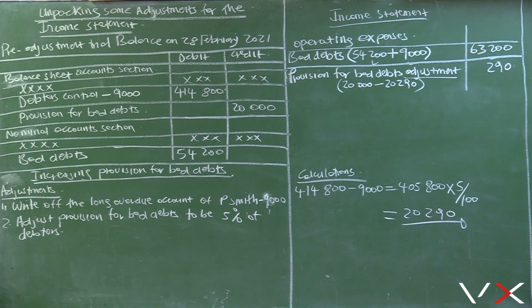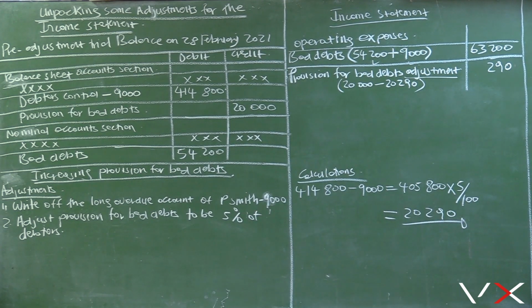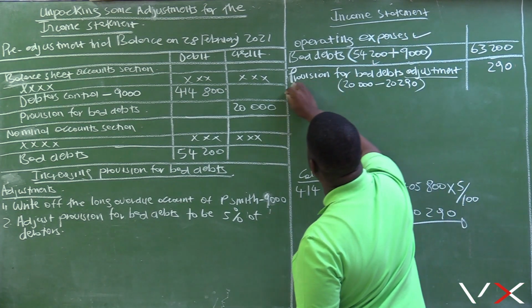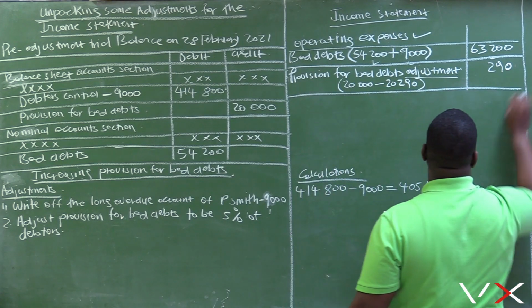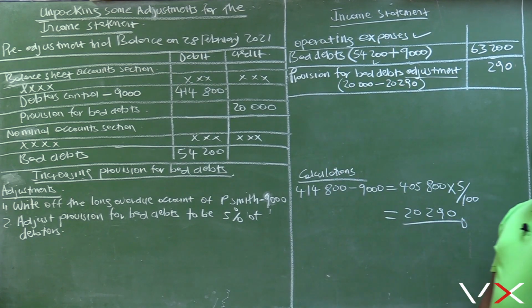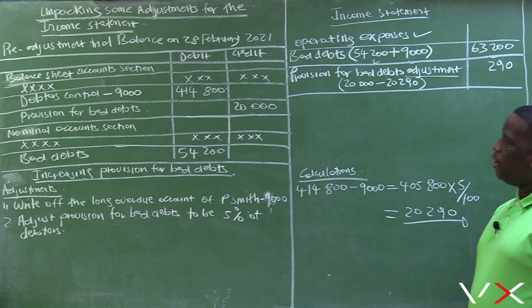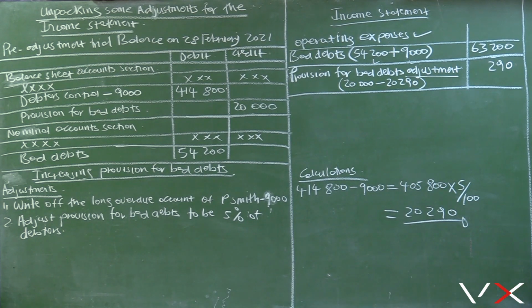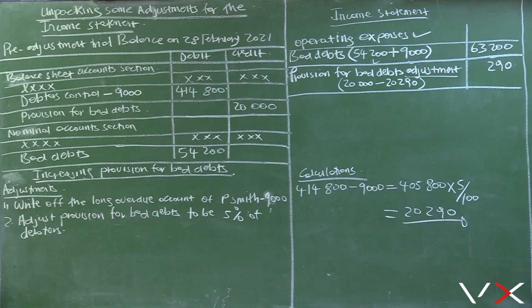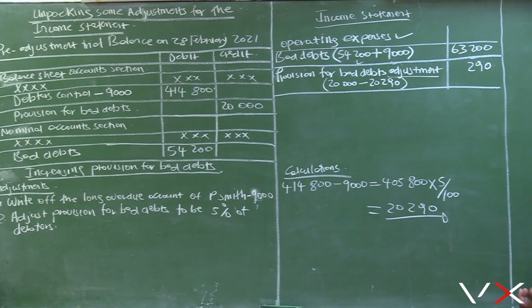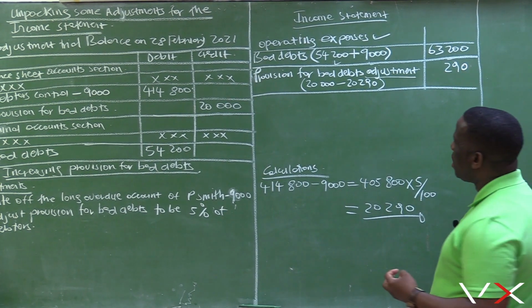Provision for bad debts adjustment is 290, and it falls under operating expenses. Increasing provision for bad debts is an expense to the business. So because we are going to increase, we need to add another 290 to that 20,000, to make it 20,290. We call that 290 provision for bad debts adjustment, and it is an expense to the business.